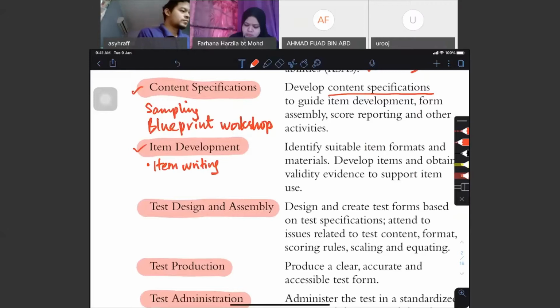But what is commonly practiced in all medical schools is that the faculty or lecturers write their own questions. Am I right? Dr. Ashraf, Dr. Farhana, Dr. Urush, is that the practice in your place as well? I'm not sure about UMS, Dr. Fuad, need to find out.